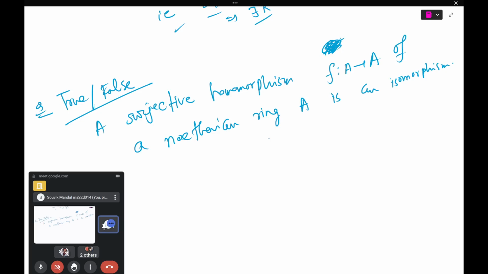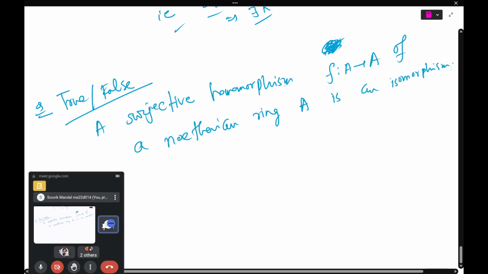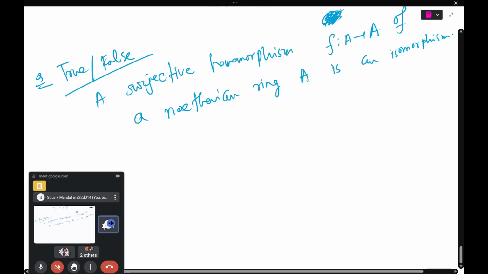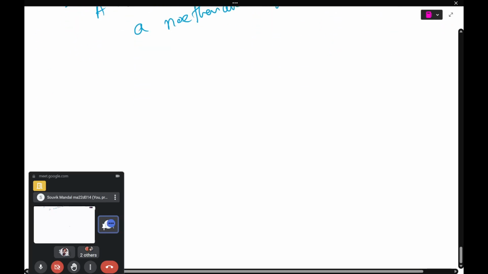Okay, for the time being, skip this question, because the counterexample that is needed is not right now in our scope. First we need to go through a theorem, and using that theorem only can we give a counterexample for this question.